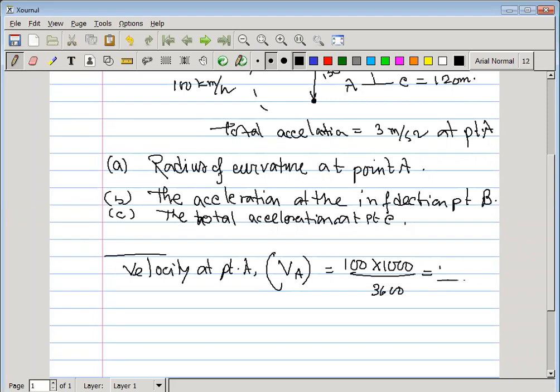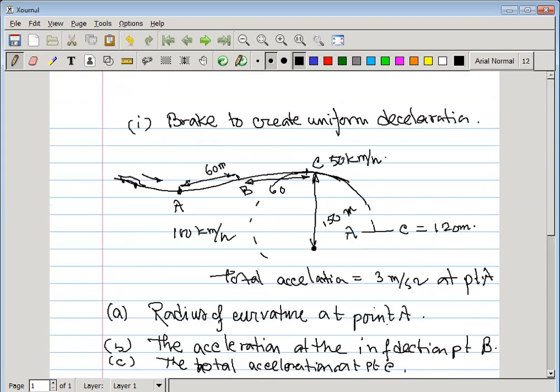How much will it come? 100 kilometer per hour, we convert it into meter per second. Similarly, please do the calculation and tell me. Velocity at point C, as per the question, is 50 kilometer per hour.